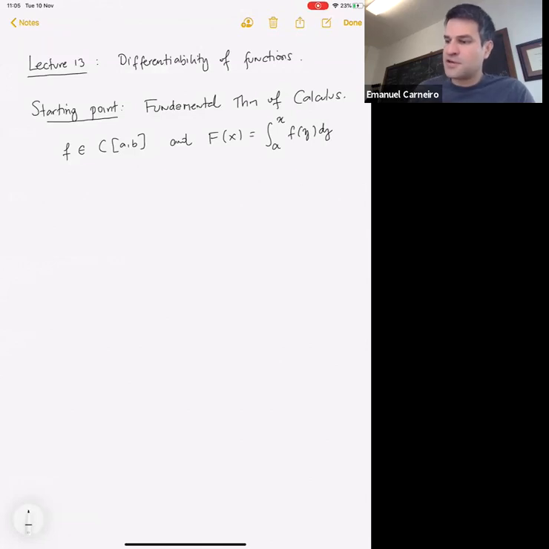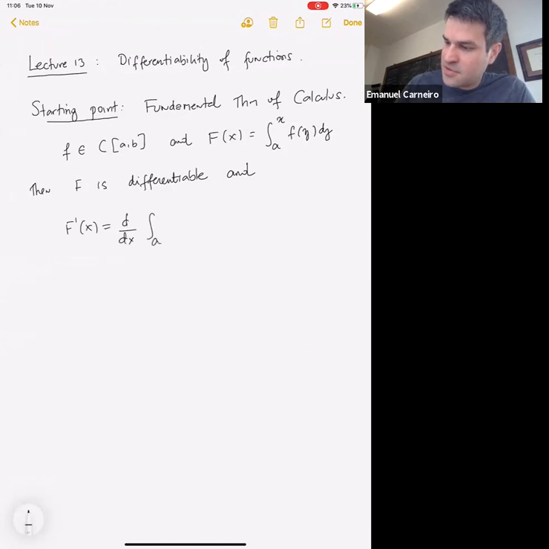Okay, so if I integrate a function, you know that then this big F is differentiable everywhere, and the derivative of this function big F, maybe I should write this, F prime of x, which is the derivative of the integral, is just the function that is inside, so little f of x.